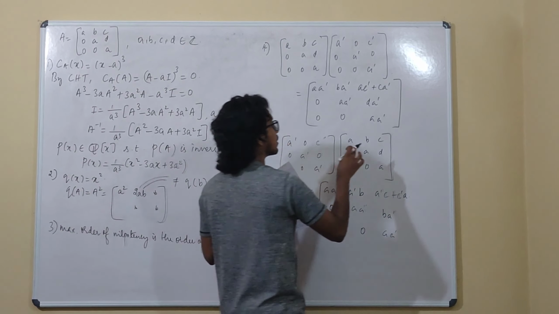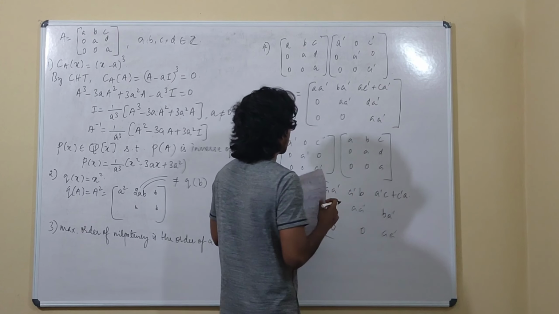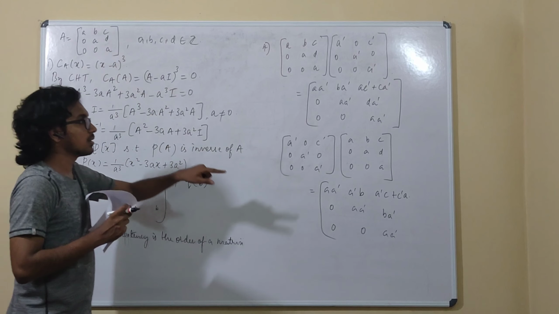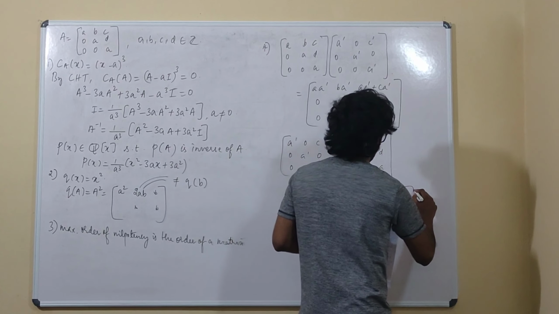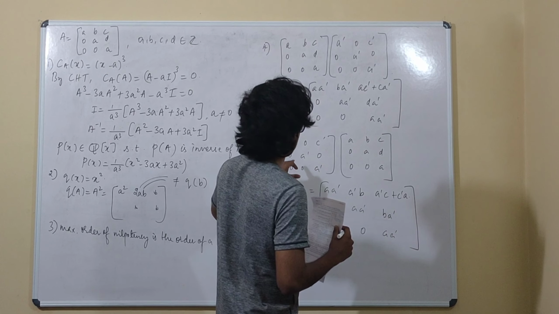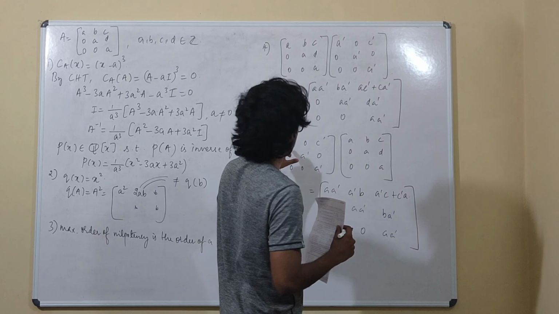Right? Suppose instead of D, if we have B in this place as well. Okay? In the question itself, if we have B in this place as well, then these two are true. Here, if you can very well check, just a minute. B A prime, it's right.